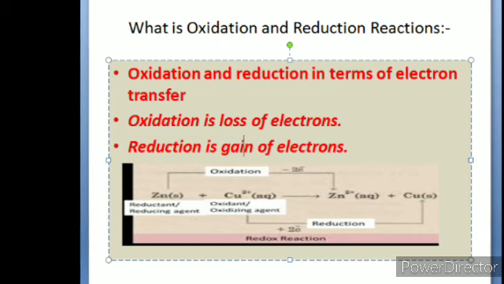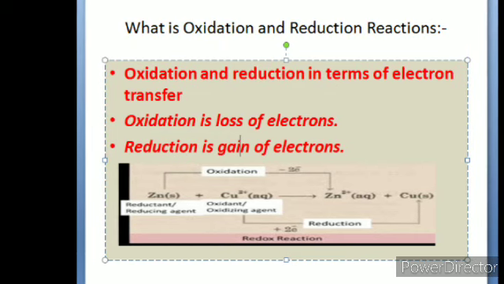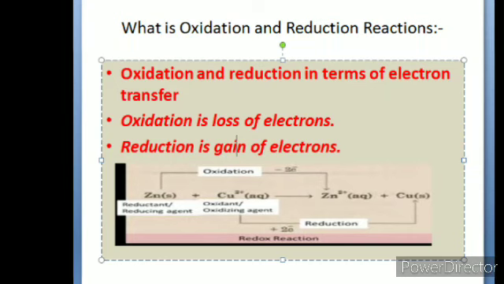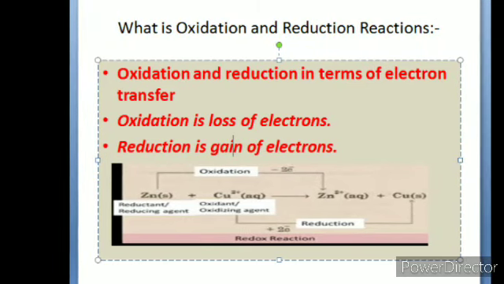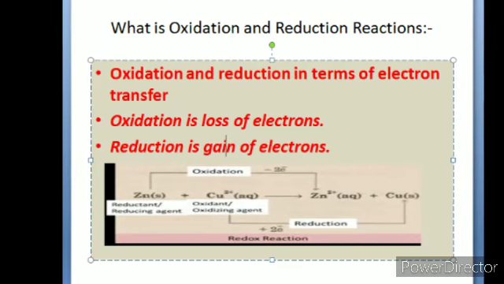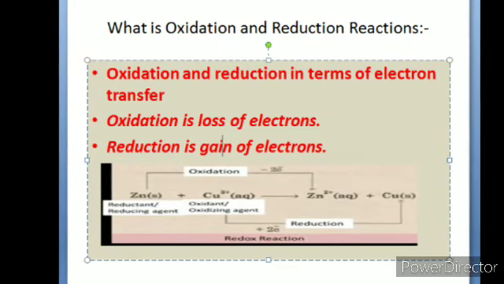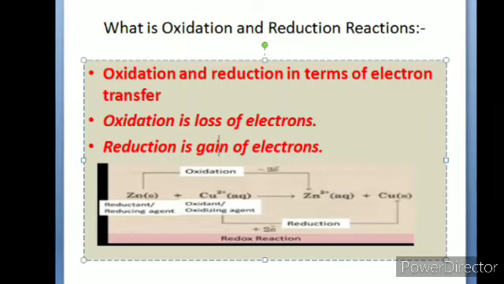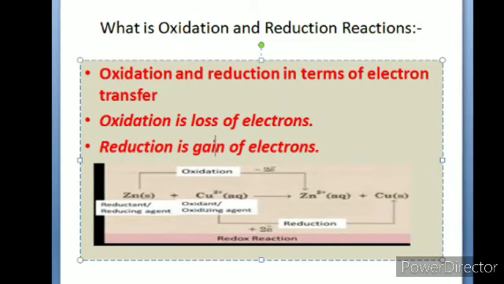Now let's discuss oxidation and reduction in one more way, that is by electron transfer. Oxidation is defined as the loss of electrons, whereas reduction is the gain of electrons. Here is one example.